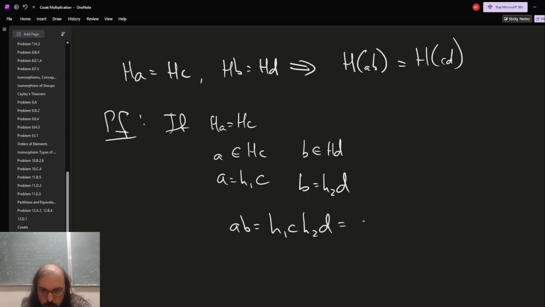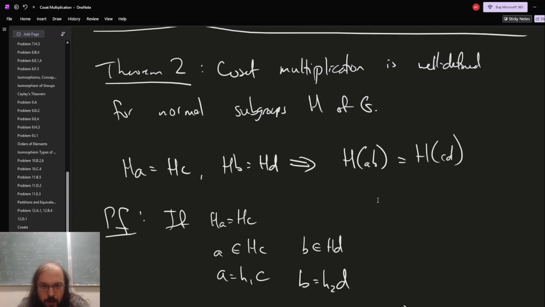However, I can isolate Ch2 in the center here. I was wanting to use this HC, and I was briefly concerned that this is a right coset when I have a left coset here, but that's exactly the thing I'm assuming, right?